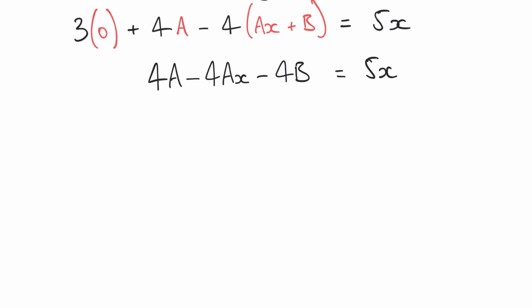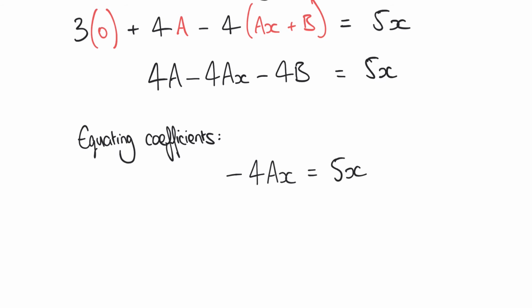And on the right-hand side, we only have one x term as well. It's this 5x. And so it must be the case that minus 4Ax is equal to 5x because we're accounting for all the x terms in this particular equation. And so we can say this minus 4Ax equals 5x, and dividing both sides by x, minus 4A is equal to 5, and so A must be equal to minus 5 over 4.